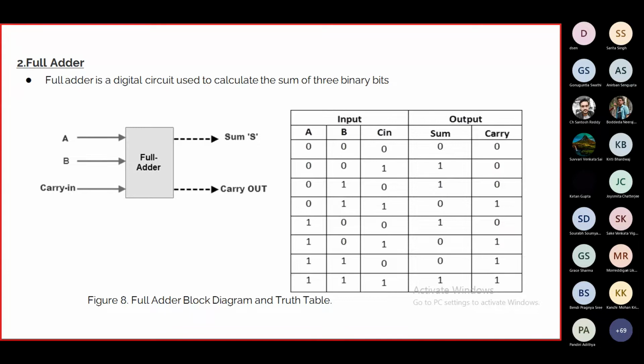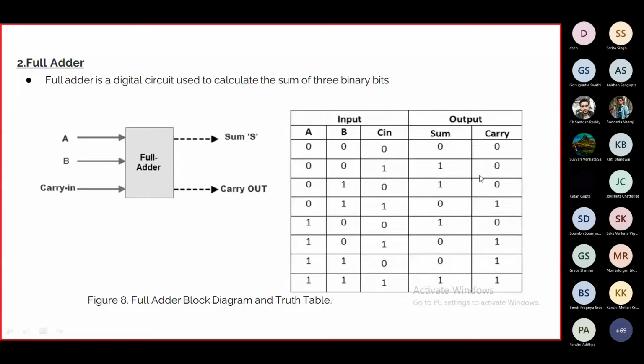When we take input 0, 0, 0, first we add 0 and 0, which is 0, and then again 0 is added to Cin 0, so the total sum is 0 and the carry is 0. When we take input 0, 0, 1, we add 0 plus 0, that becomes 0, and again 0 plus 1 becomes 1, and the carry is 0.